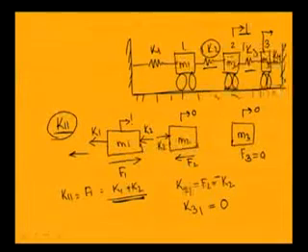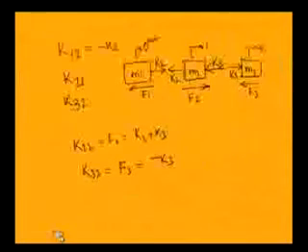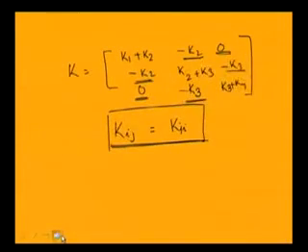In this way one can determine the elements of the stiffness matrix by finding the force required at the ith station to have unit displacement at the jth station when the displacement at other places equal to 0.